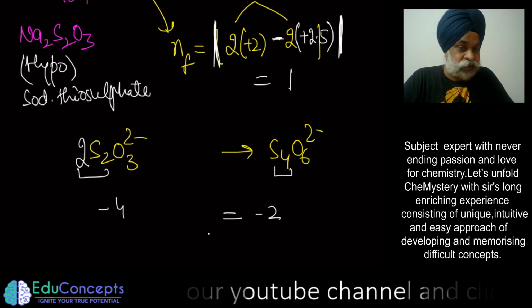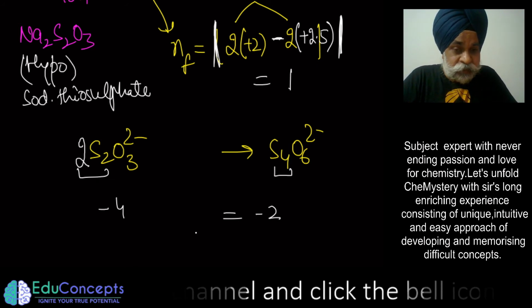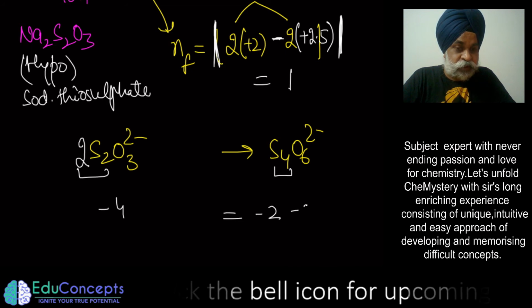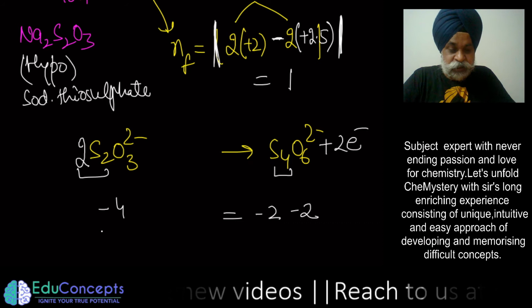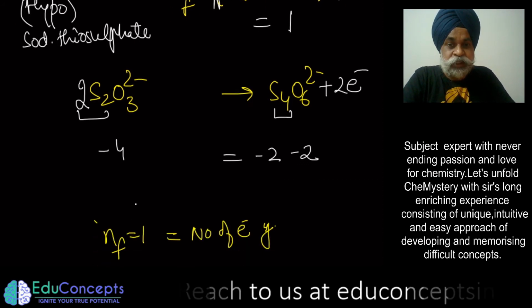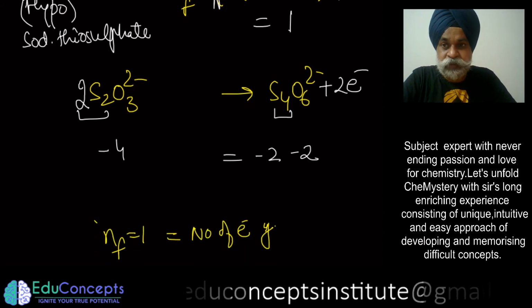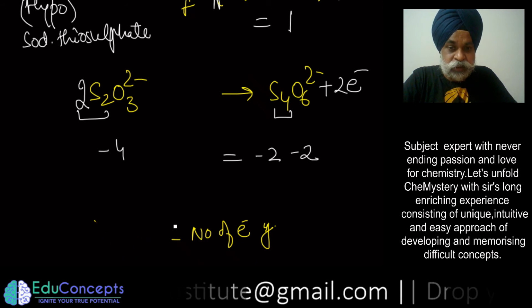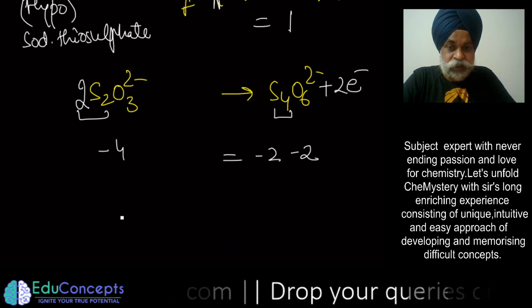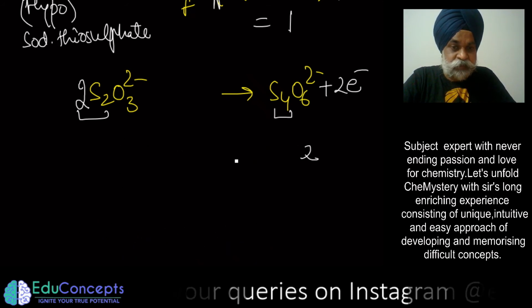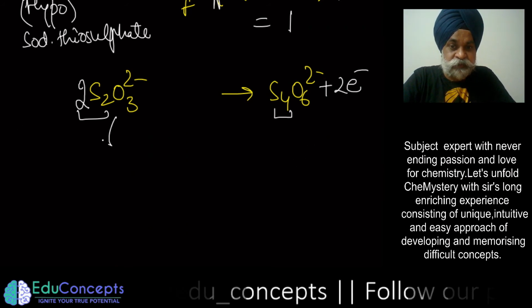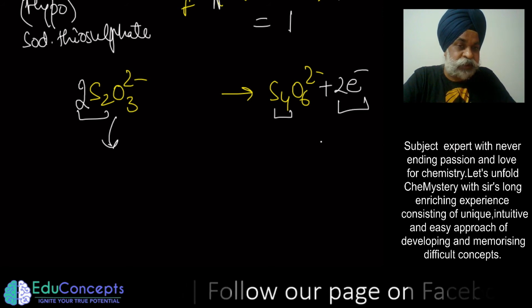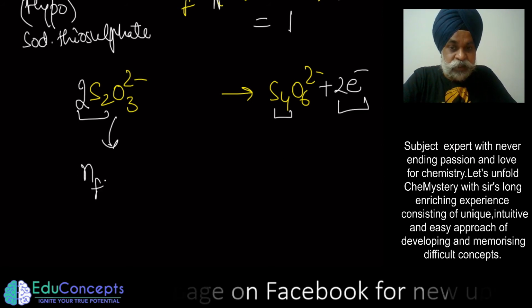Because oxygens are already balanced, you could place 2 electrons here. Now here comes a silly mistake which people generally make: if somebody asks you what is the n factor of thiosulfate, people tend to say 2. No, the n factor here is 1.